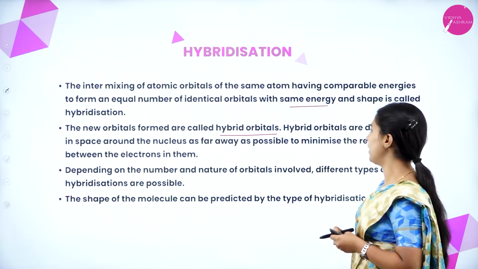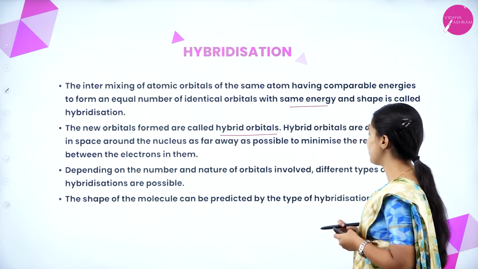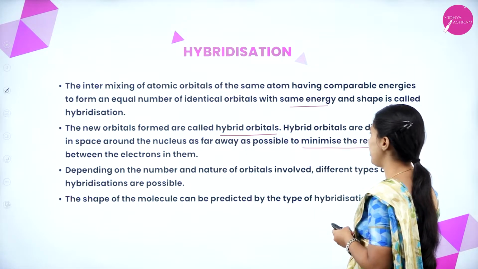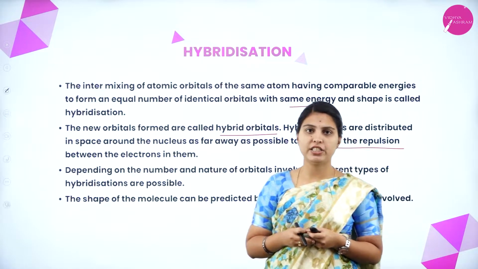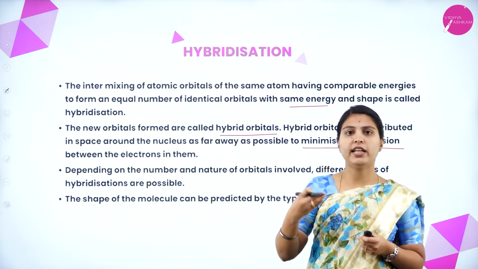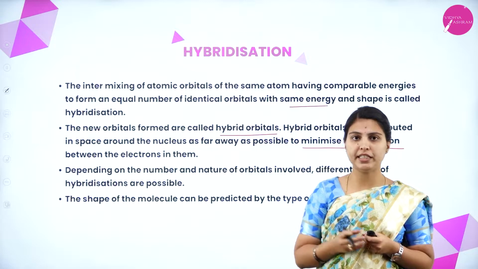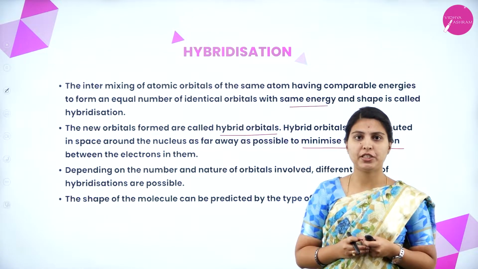Hybrid orbitals are distributed in space around the nucleus as far away as possible to minimize the repulsion between the electrons in them. We know all electrons are negatively charged. So, if electrons are present a little near to each other, it will create some repulsion.